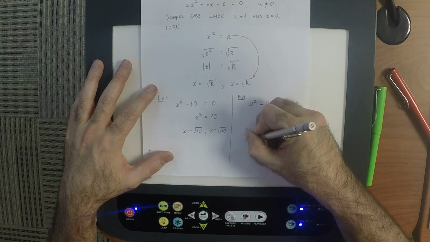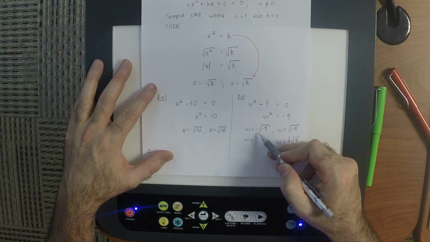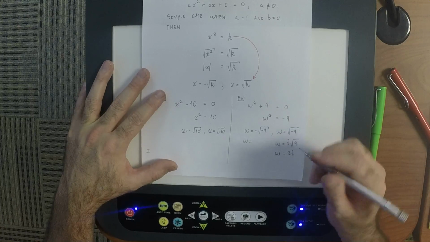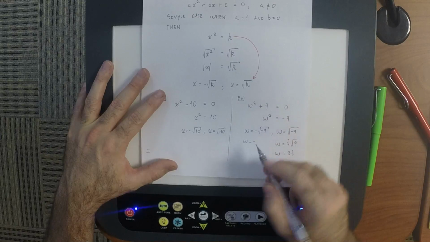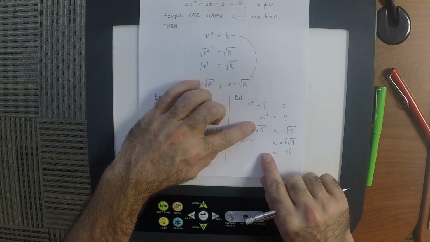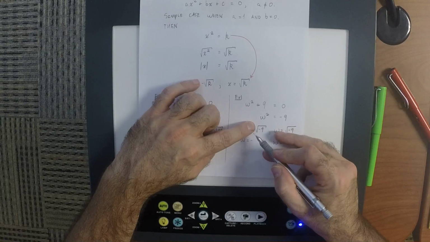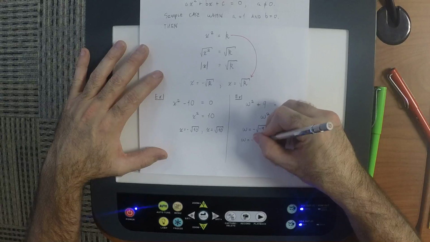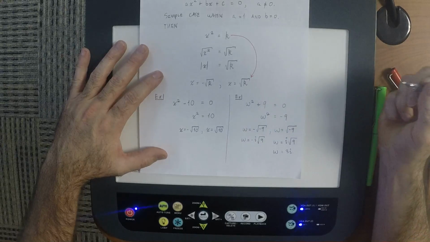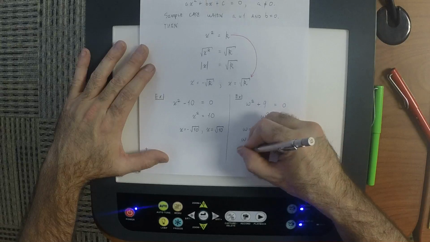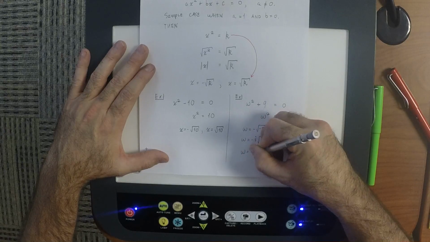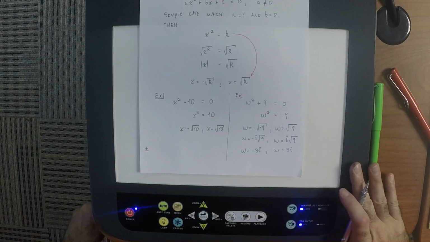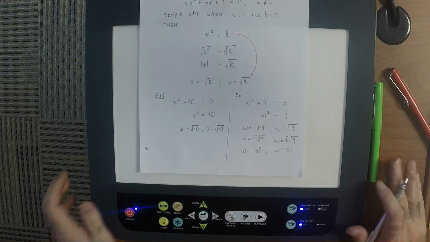Again, this negative in the radical can come out as i, ignoring the negative we already have. Then this would be square root of 9, which is 3. So W would be negative 3i.